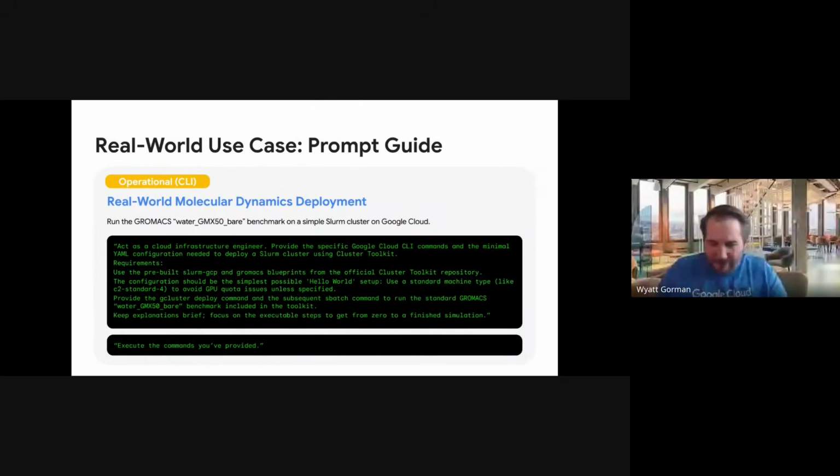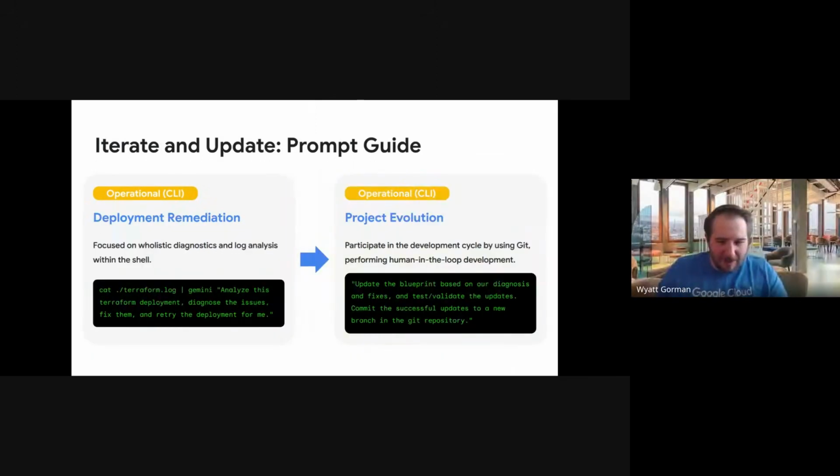Yeah. Thanks, Mary. So, just to give an example, from there, I might iterate on this by saying, okay, well, if I am developing a new application and deploying it, or developing a new cluster environment, I might take my Terraform logs and pipe them into Gemini and have that iterate and fix my deployment.